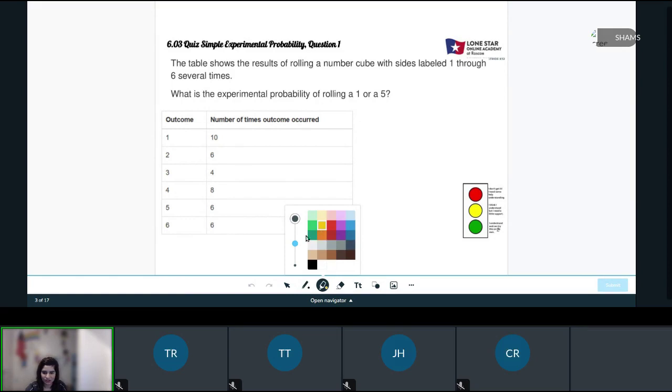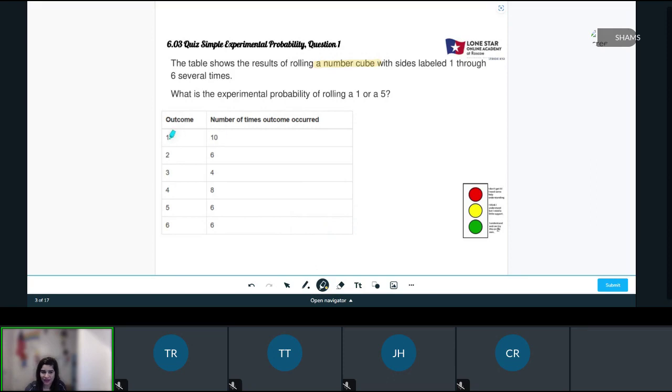Here the question says, the table shows the results of rolling a number cube with sides labeled 1 through 6 several times. A person is actually rolling a number cube, a dice or a die.